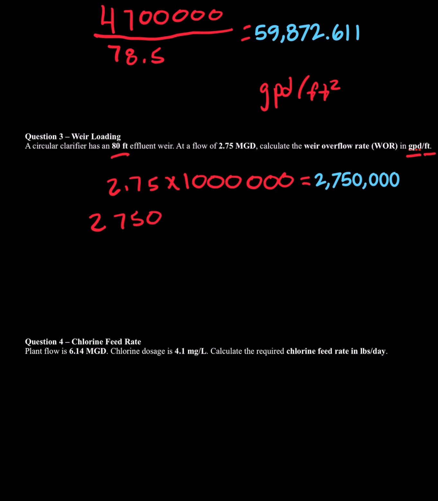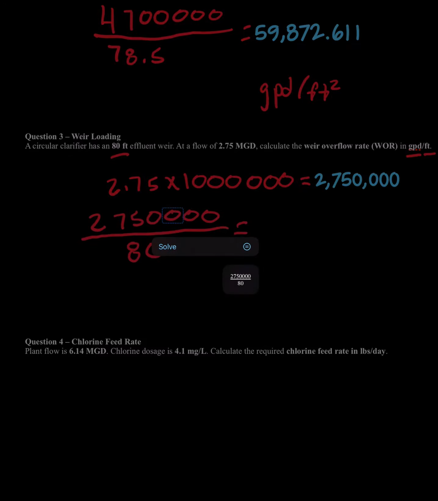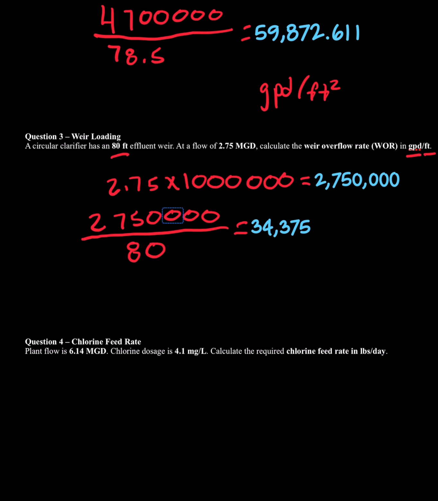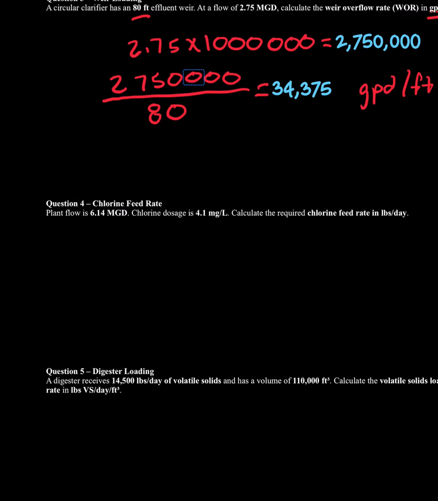So 2,750,000 divided by 80, and that equals 34,375 gallons per day per foot.